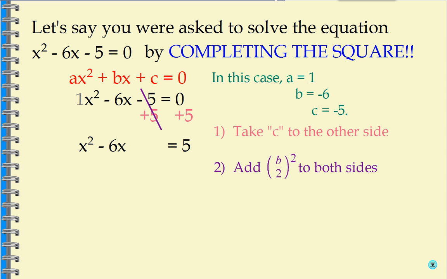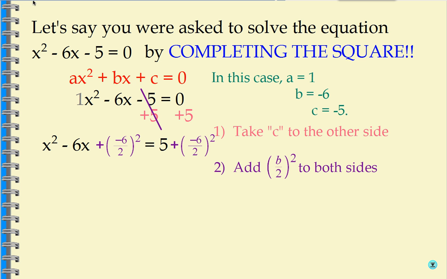I'm going to turn the left-hand side of my equation into a perfect square by adding b divided by 2, all squared, to both sides. Now since b was negative 6, that's the number I'm going to divide by 2. So I'm going to take negative 6 divided by 2 and then square it, and that's going to turn my left-hand side into a perfect square.